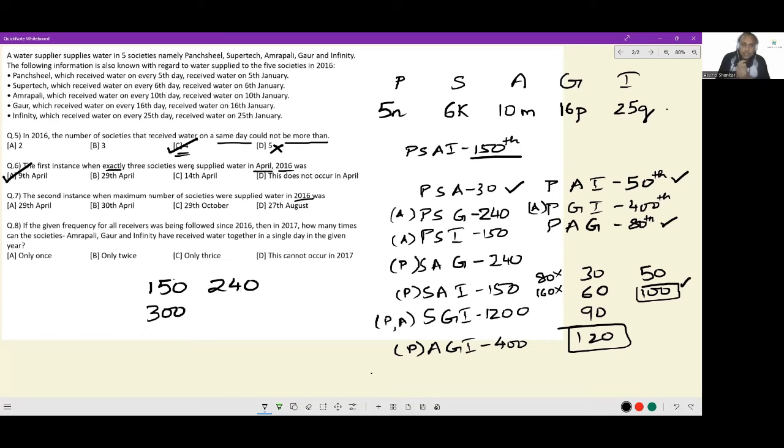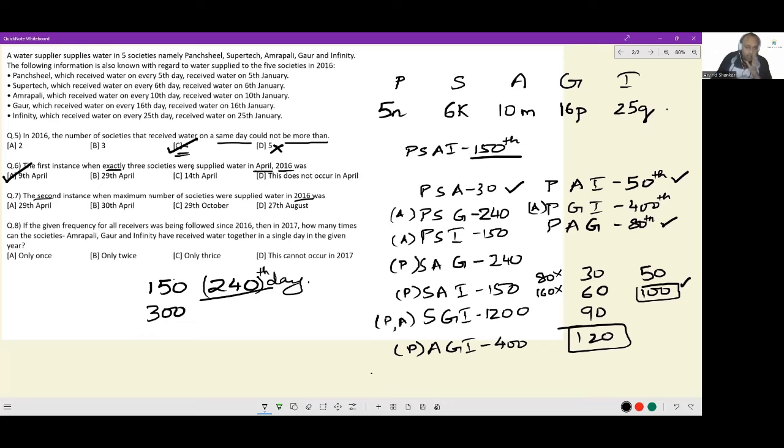So these are the 3 days in 2016 where the maximum number of societies, or 4 societies, are supplied water. Now, when they're asking for the second instance, it has to be the 240th day. Now, if you want to do maths, you can do maths. We will do maths also.